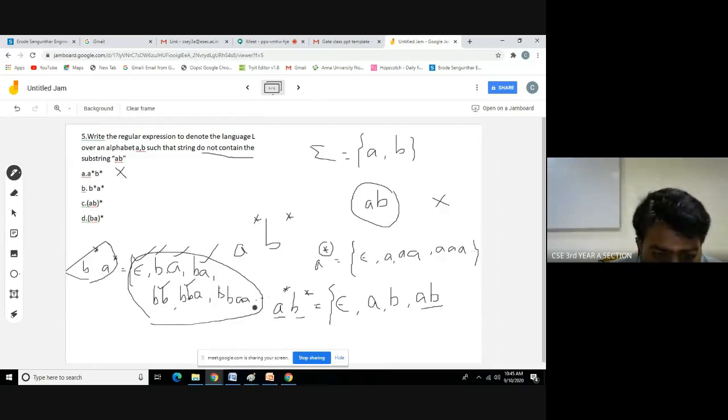Whenever a string starts with A, only A comes after it. If you have any confusion, you can go through the Thompson construction. People already know about the Thompson construction, right? So you can construct B star A star. When we see the Thompson construction for B star A star, it is better if people understand it.